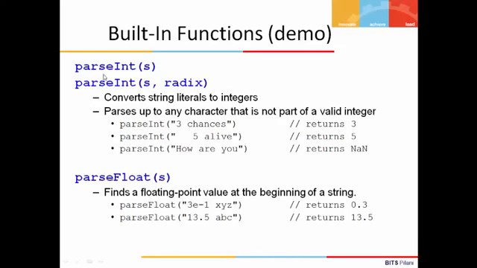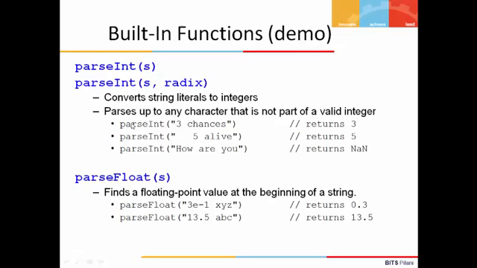Similarly, you have parseInt. So parseInt can take one parameter, or it can take 2 parameters, where s would be considered as a string literal, and radix will be the base to use for parsing. So what does it do? It converts string literals to integers.